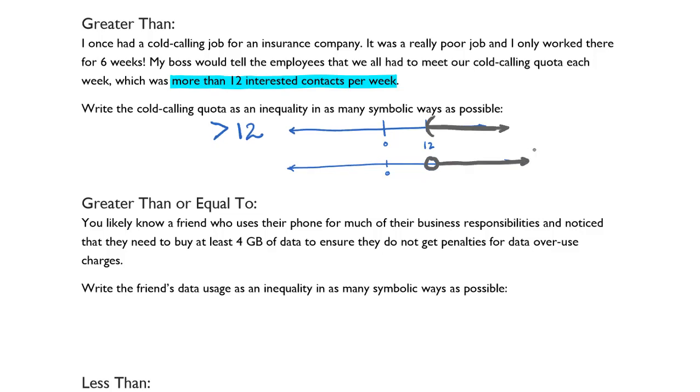So that notation is also accurate. And then lastly, interval notation, which we would write as parenthesis 12, comma, infinity, and you never have a bracket on an infinity, so that would be interval notation.